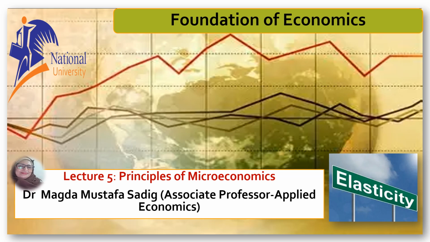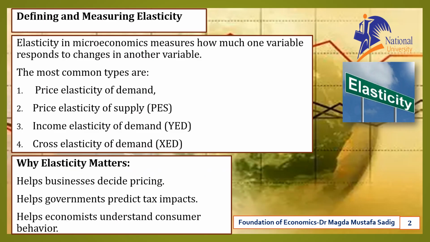Let us go to slide 1 and see what is going on and what do we mean by elasticity. So first, what is elasticity? In simple terms, elasticity measures how much one thing changes when something else changes.